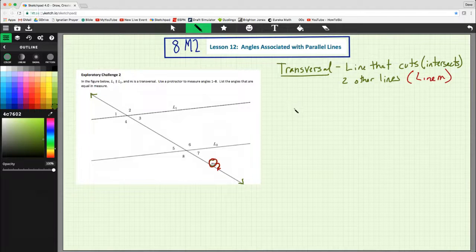And so our first definition is corresponding angles.